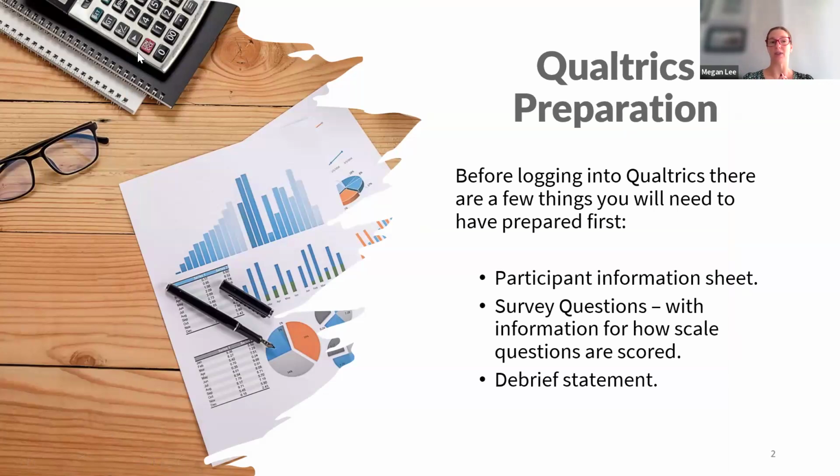The most important aspects of that are, number one, your participant information sheet, your debrief statement, and what your survey questions are going to be exactly and how they are exactly going to be worded, and how the scale questions are scored, what range the scales are on, and what kind of Likert scales they are worded in. Because when you put your scales into your Qualtrics platform, they need to be worded exactly how they are worded in the validity and reliability paper for that scale. That's very, very important.